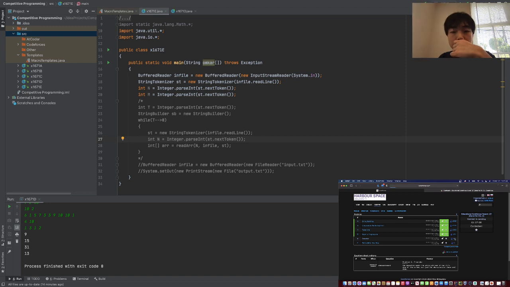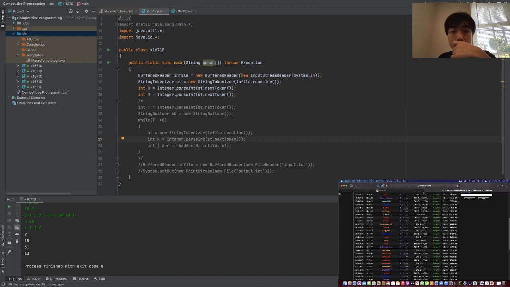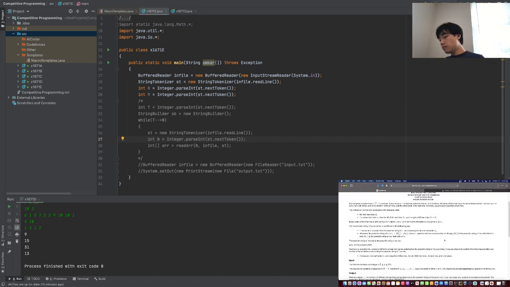Let's see. Maybe we might want to use the fact that the string consists only of A's and B's, because this solution doesn't really use that fact.